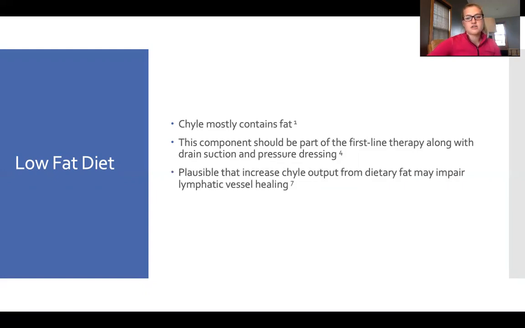It's possible that increasing chyle output from dietary fat may impair the lymphatic vessel healing. So what that means is that if we're putting fat through the body and it has to go through the lymphatic system, it's going to focus more on that rather than healing. So if we're able to cut out fat for a little bit or just make it less than what they would usually eat, it's going to have them heal better.